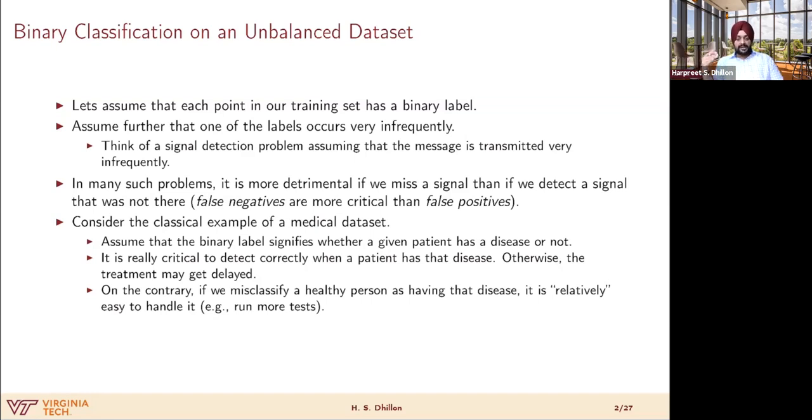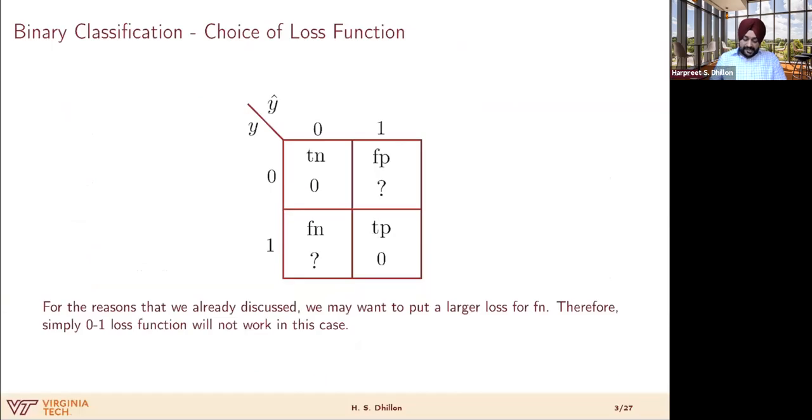On the other hand, of course, it is bad to misclassify a healthy person as having that disease, but it is a relatively easy problem to fix because you can run more tests to be sure. Now, if you look at the choice of a loss function in this case, we introduced 0-1 loss in the introductory lecture.